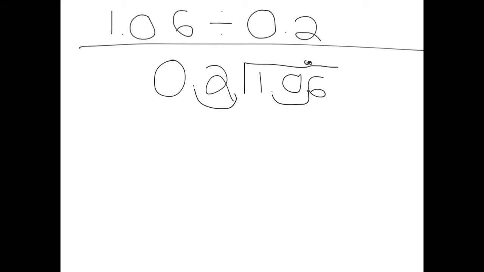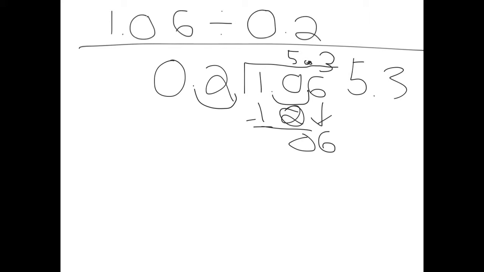So 2 does not go in, 0.2 goes into 10 5 times, and no left over, and 0, and you bring down the 6, and then 2 goes into 6 3 times, so your answer should be 5.3.